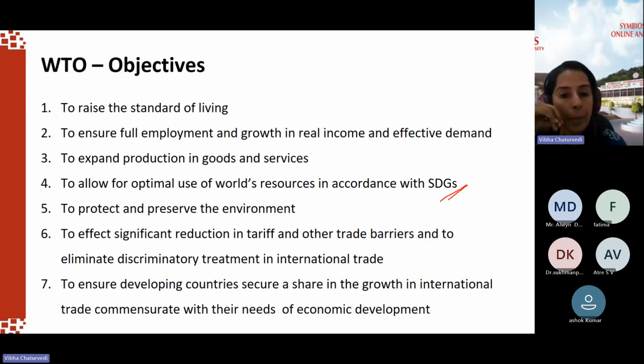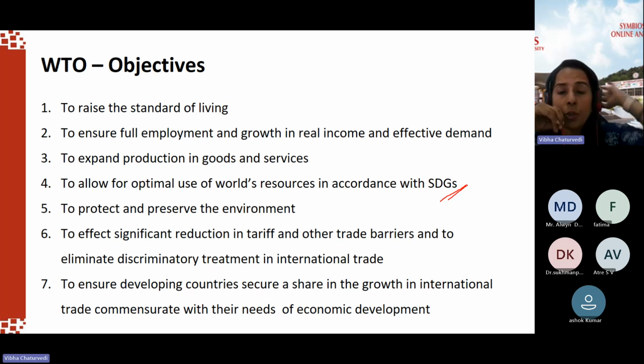To ensure developing countries secure a share in the growth in international trade which is commensurate with their needs of economic development, which means that only developed countries must not grow at the cost of developing countries. The development of the developing nations must also happen, in tandem with the needs of economic development that these countries have.